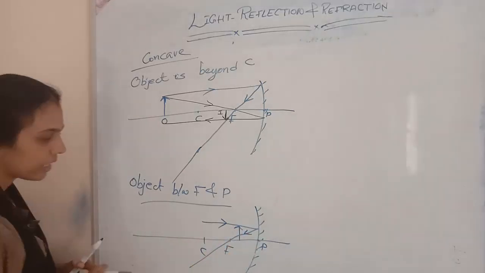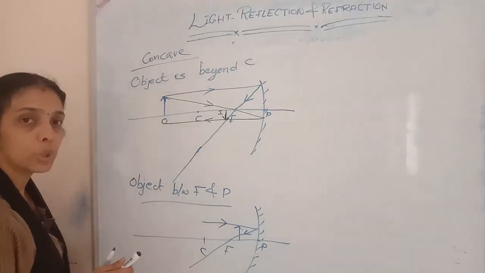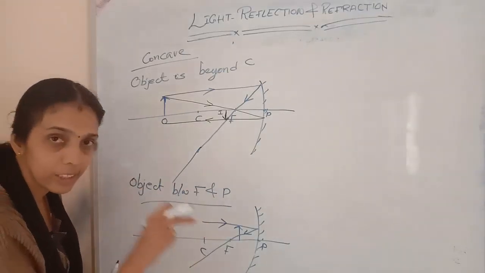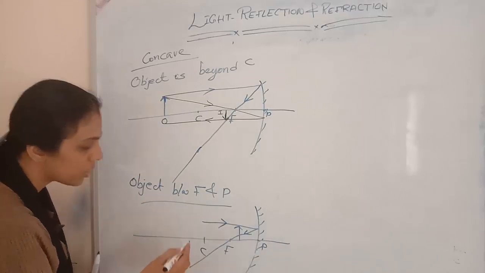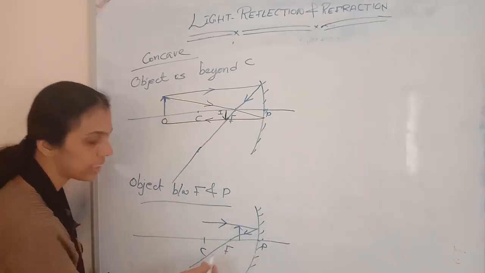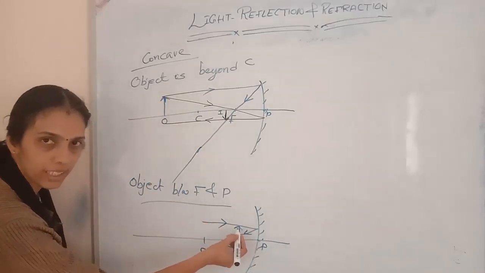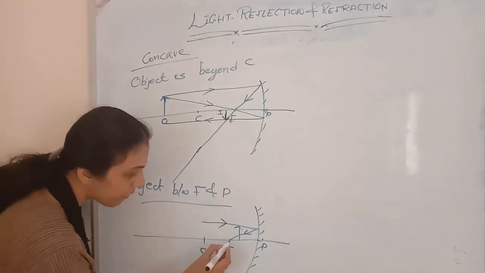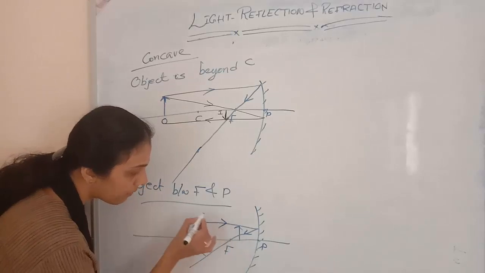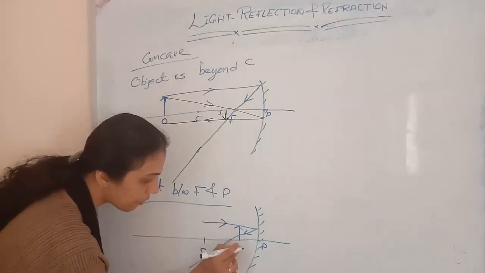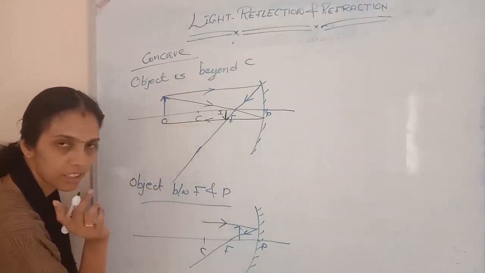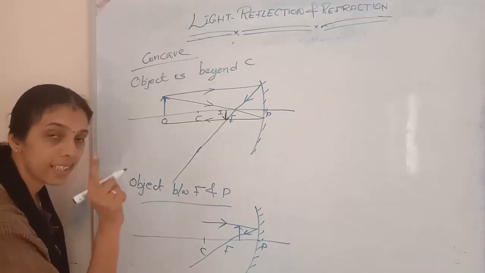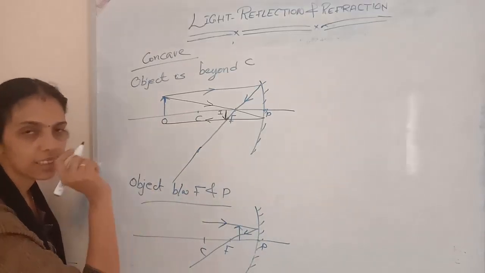And if the ray is incident through the principal focus, it should touch the object, then only will we get an image. If I take a ray passing through the principal focus like this, it's not touching the object, right?